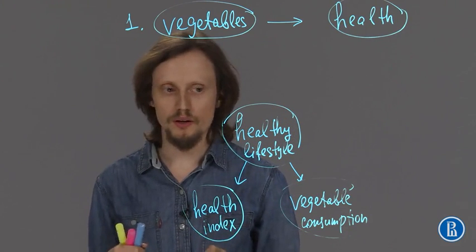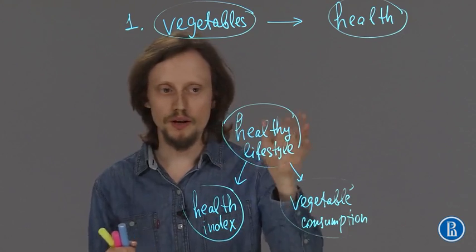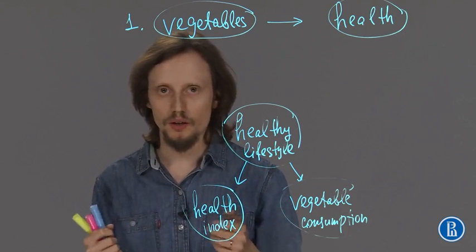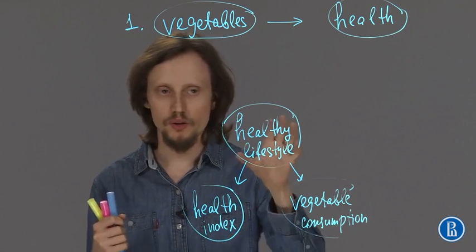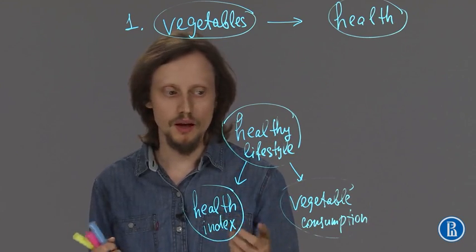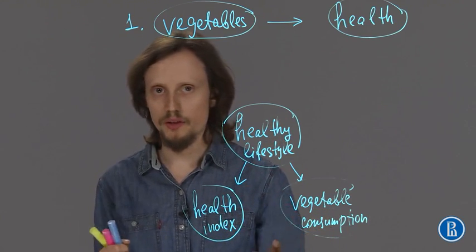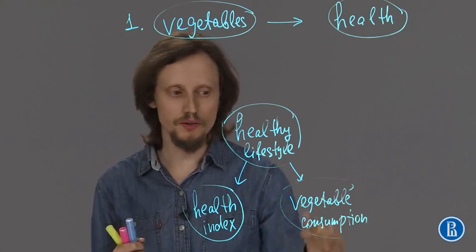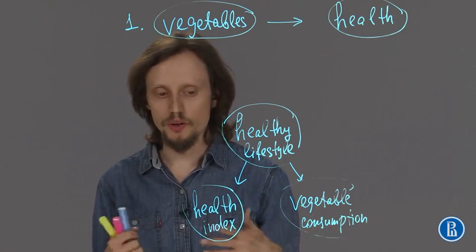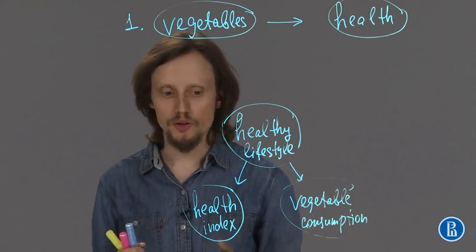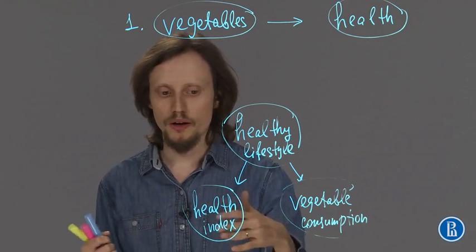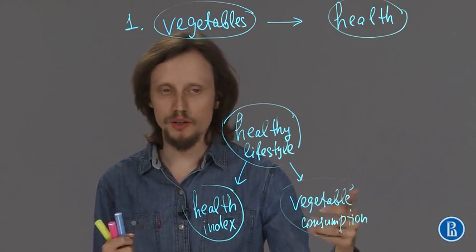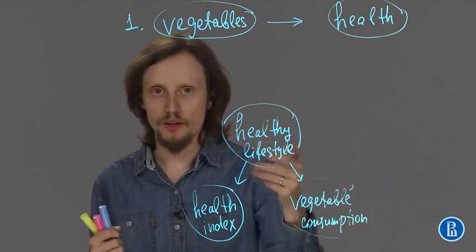So, if some person do not have healthy lifestyle, for example, they do not visit doctors and do not do other things that are usually do people with healthy lifestyle, and we say them that they have to consume more vegetables, they will increase the value of this variable, but it will not increase their health index, because the reason of a large health index of people who consume more vegetables are not vegetables themselves, but this healthy lifestyle.